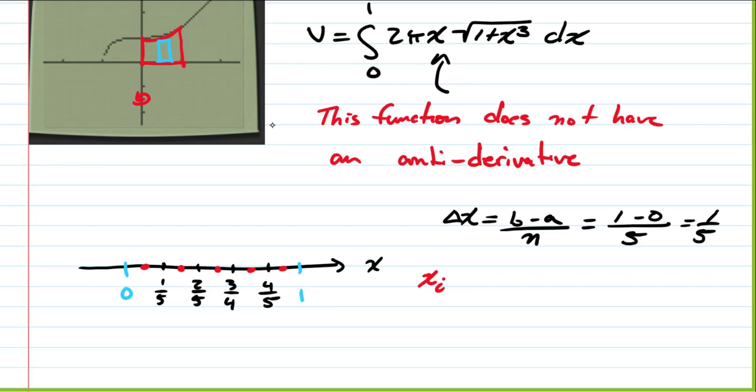Well, to get to that point, the midpoint is halfway in between one of those regions.